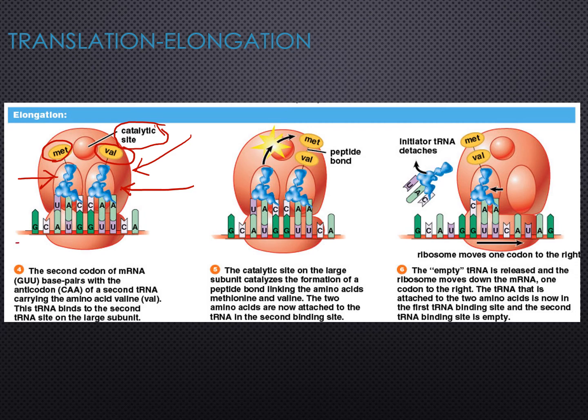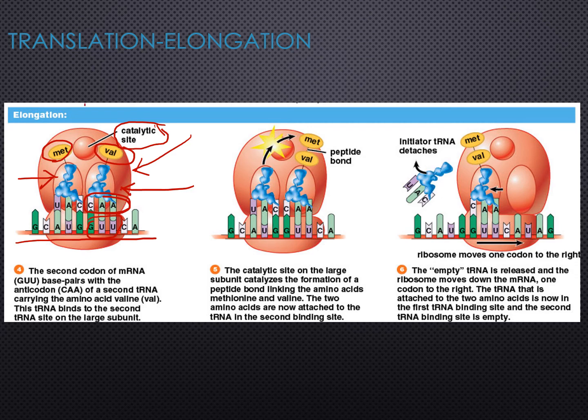So messenger RNA is down here, tRNA is in blue, and we see that their anticodon, I'm going to circle this one here, CAA, is complementary to GUU. And so that's how the genetic code ensures the correct amino acid is added.